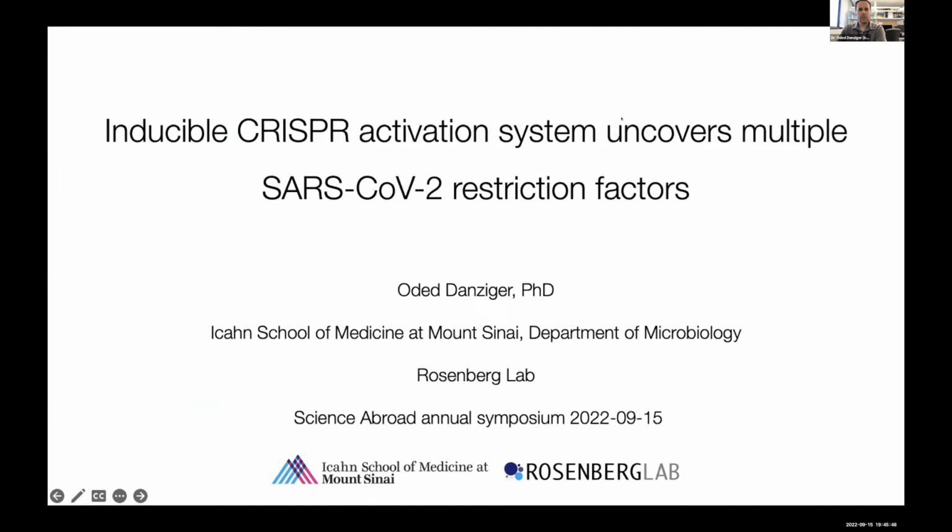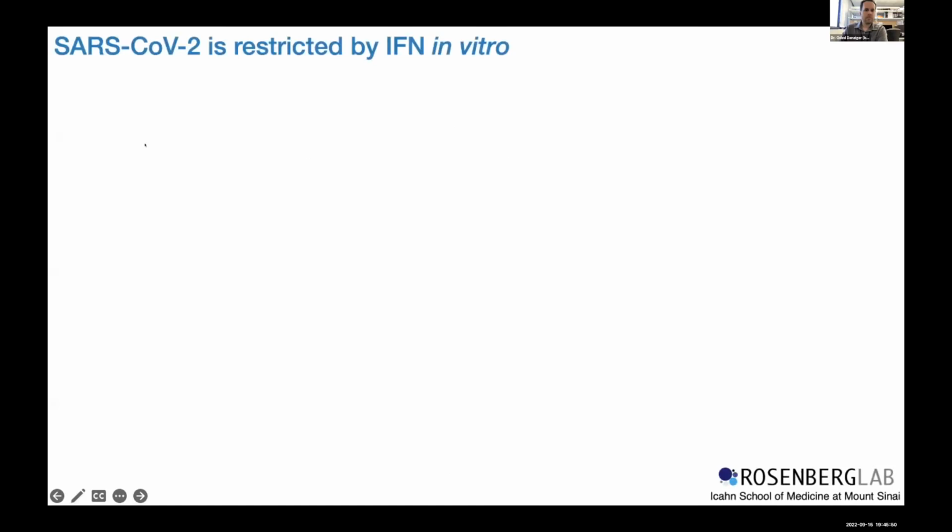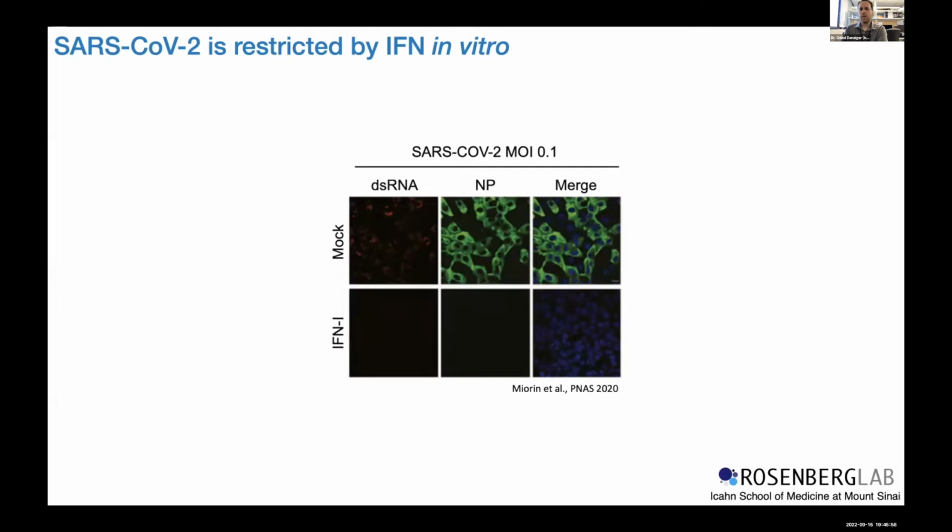So I'd like to start off by saying that interferon is a cytokine secreted from cells upon infection, and at least in vitro, it does a very good job in restricting the infection of SARS-CoV-2, which is the agent that causes COVID-19. In that image, you can compare mock-treated versus interferon-treated cells upon infection with SARS-CoV-2.